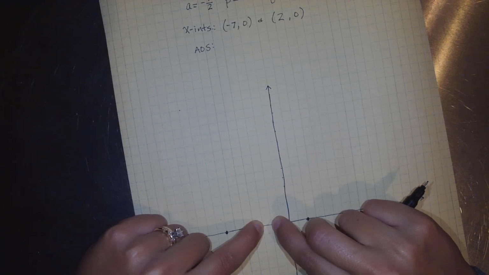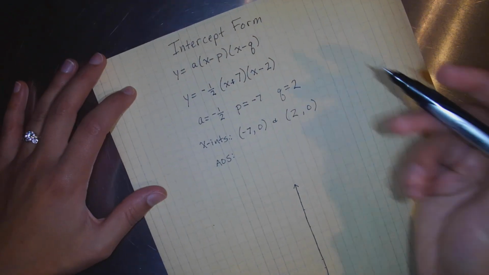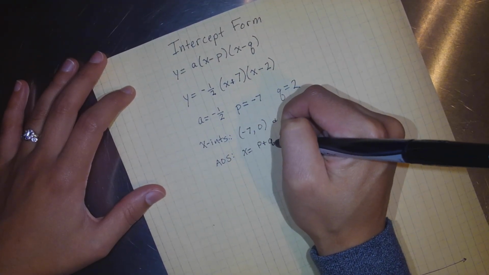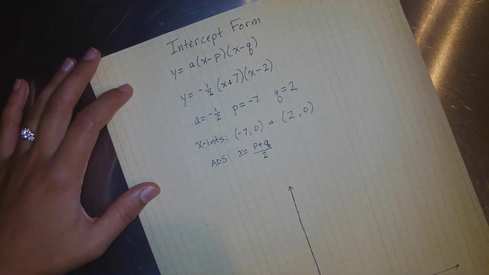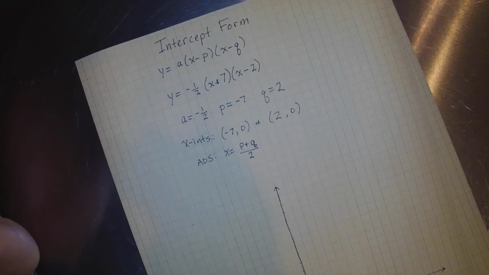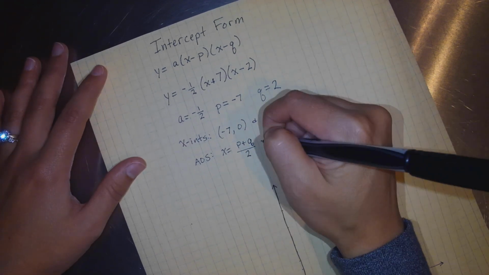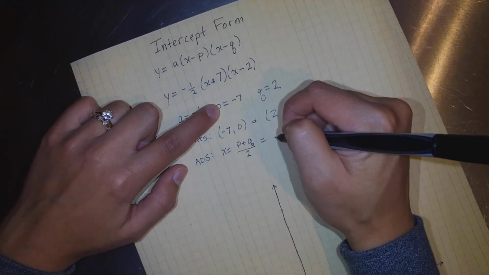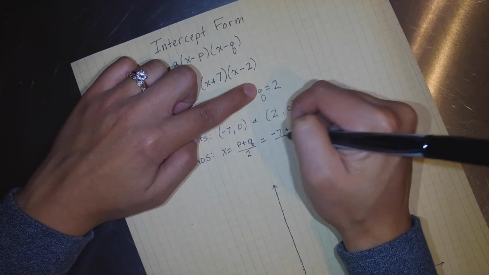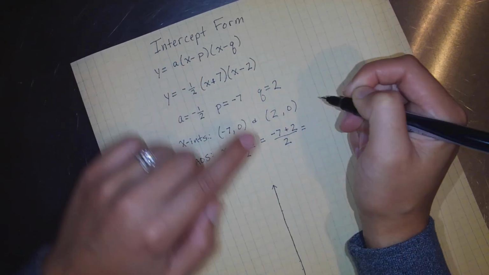To double check what that value will be, I'm going to use the formula x equals p plus q divided by 2. Thinking about finding halfway between any two points, you would take the sum of those two points divided by 2. My p value is -7 and my q value is 2, so plus 2, divided by 2.